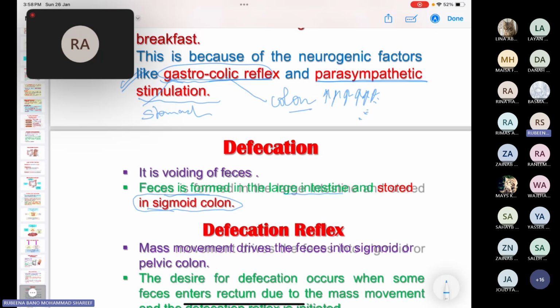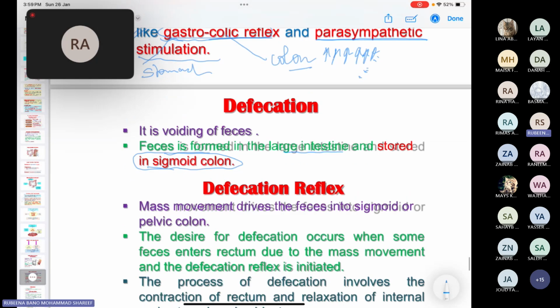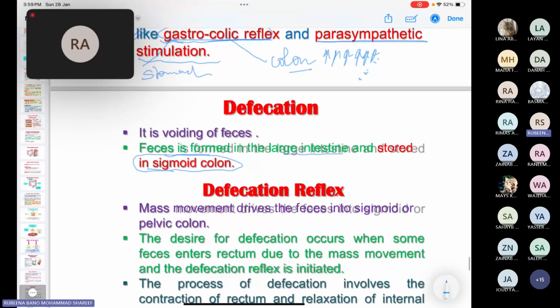And as I said, defecation is because of the mass movement. So when the mass movement occurs, it will bring your feces from the sigmoid colon into the rectum. And once the feces reaches the rectum, it causes defecation, right?